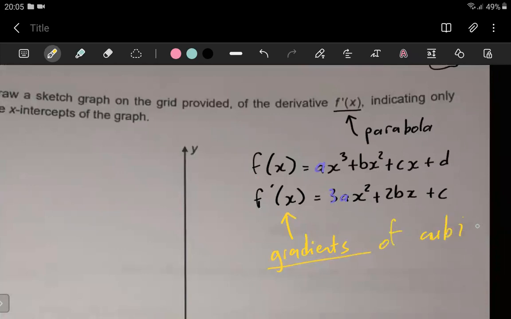That's what the first derivative does. The first derivative is just an equation that will give you the gradient of your original equation at different points. Just write down that sentence.